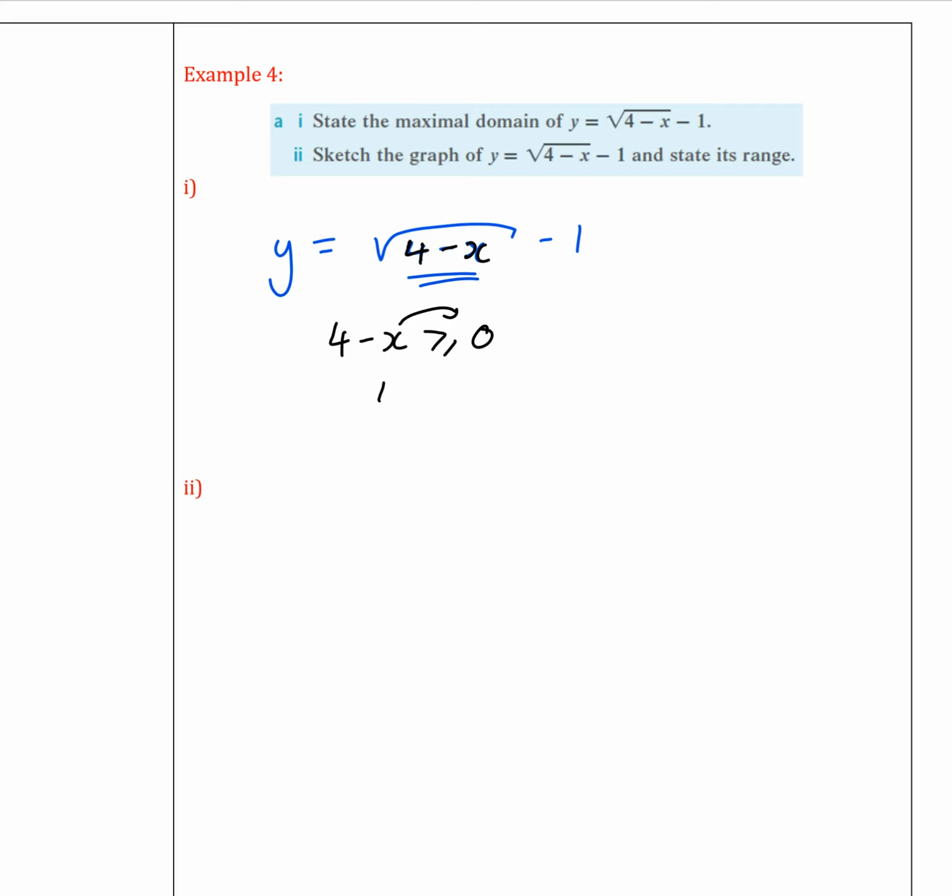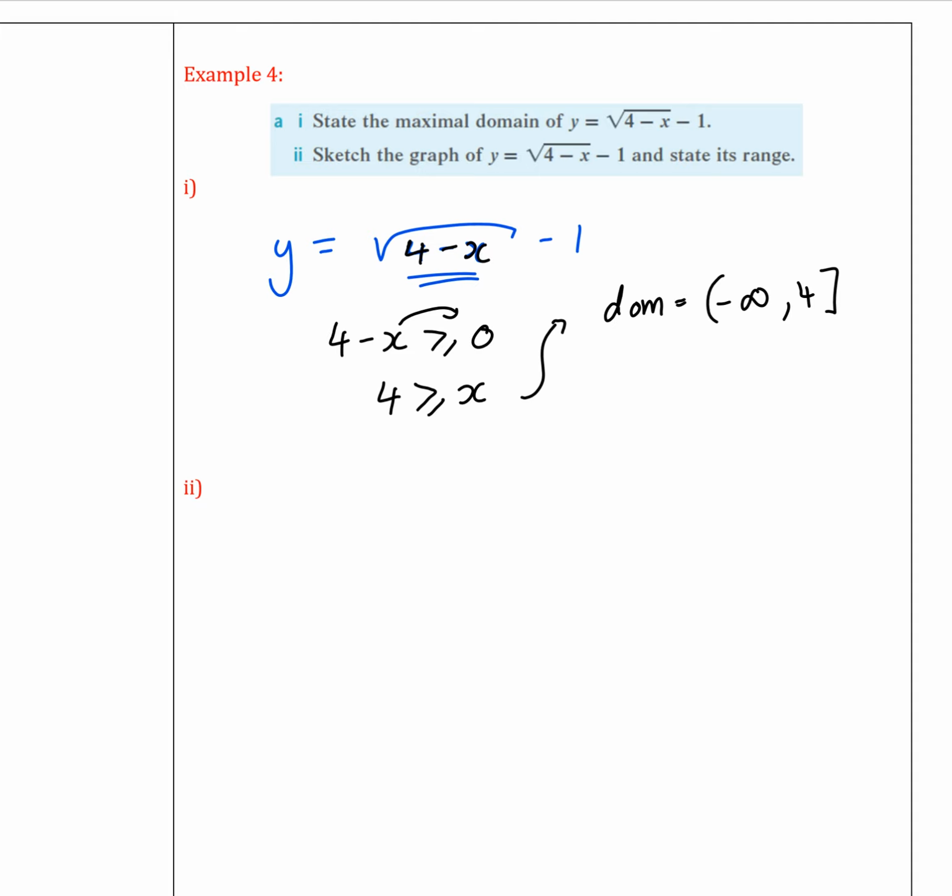If I bring the x over, 4 has got to be greater than or equal to x. So if 4 is bigger than or equal to x, the biggest value x can have is 4. So another way of writing that is to say the domain is negative infinity to 4, because the biggest value x could have is 4.